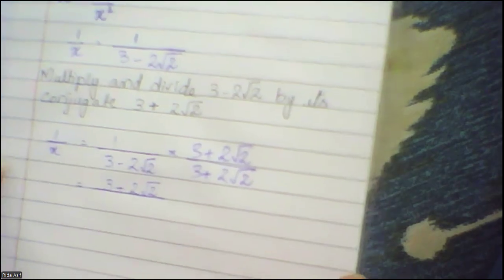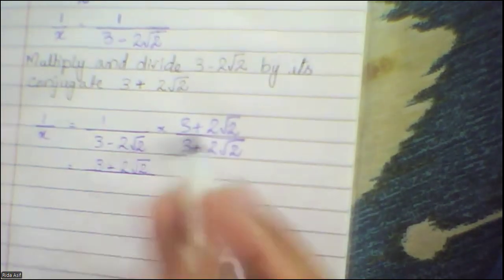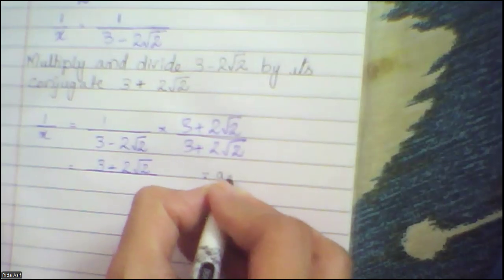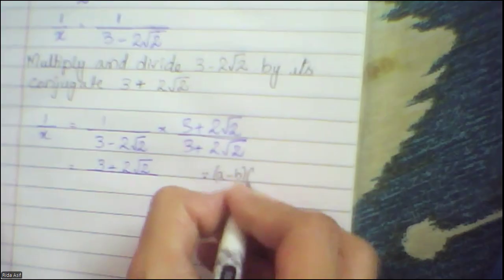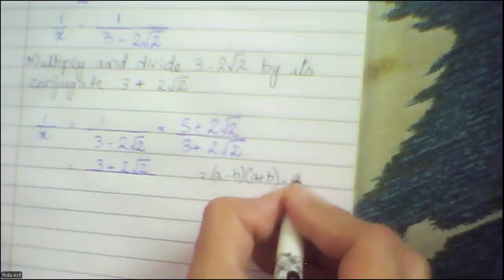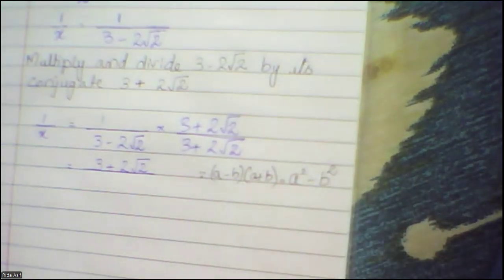So which formula can we apply here? Yes, as we know that (A minus B)(A plus B) is equal to A square minus B square. Don't forget to mention the formula, right?